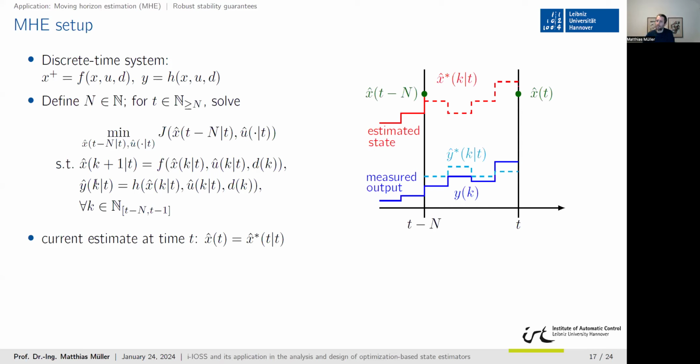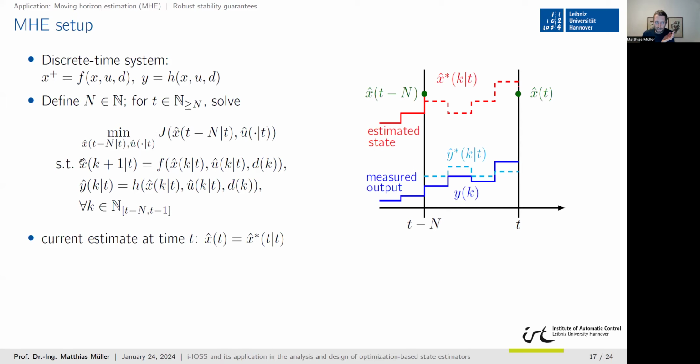This is basically just what I explained to you in this cartoon. What we do at each sampling time is solve an optimization problem. We minimize the cost function over the initial condition of our estimated state sequence and the estimated noise sequence denoted by u hat. In a minute, I will show you how the cost function looks like and how it relates to the IOSS condition.